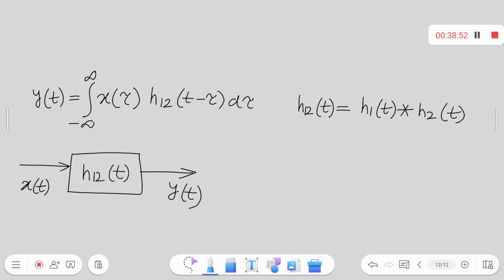And when the systems are connected in cascade, then the equivalent impulse response is basically the convolution. So this is, as we have already mentioned, equivalent to h1 of t convolved with h2 of t.